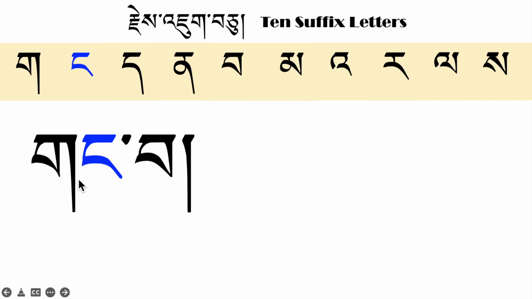Now we have ga, nga, gang, wa: gangwa. You might wonder why we pronounce wa instead of ba. When we learn words or vocabulary, the ba sound always changes to wa. For example, there are people named Dawa, like Dawa Tsering for a man and Dawa Sangmo for a woman.